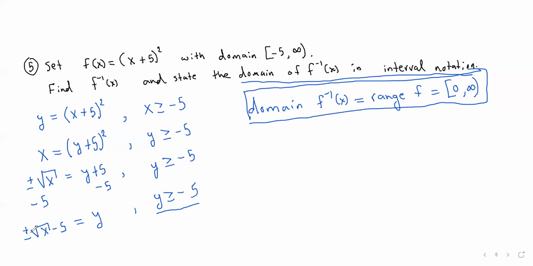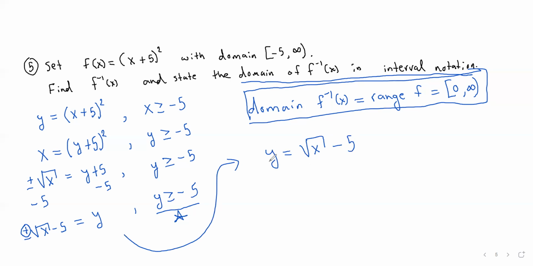If I pick the positive option, then I have -5 plus some number, which will give something larger than -5. So by this requirement that y is greater than or equal to -5, we need to pick the positive option. So finally, we have y equals the positive square root of x minus 5.